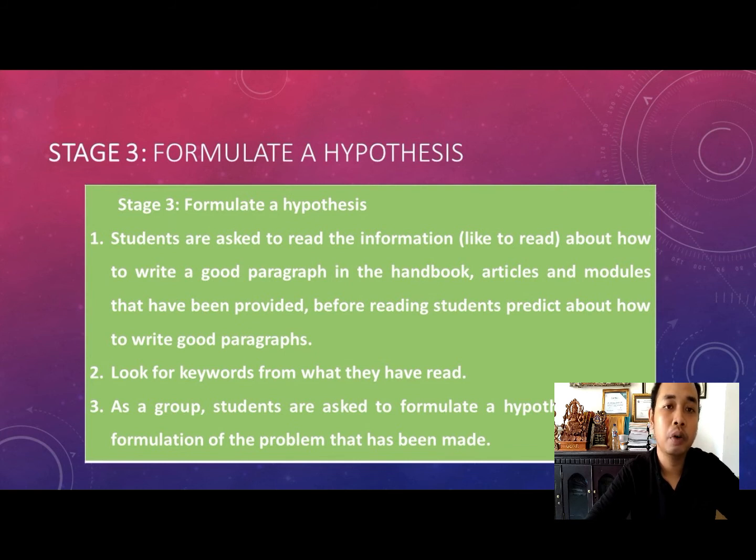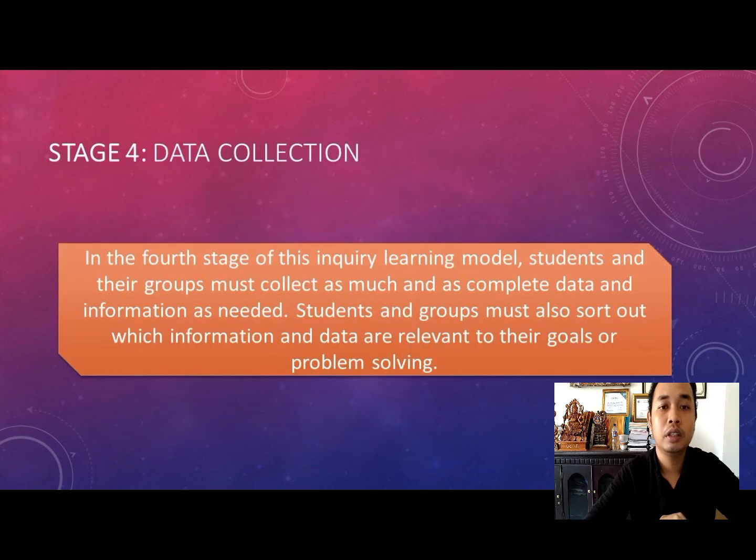After the hypothesis is formed, the students are asked to collect as much data as possible by using various sources besides the sources already given by the teacher.